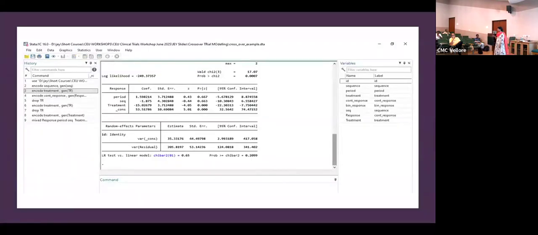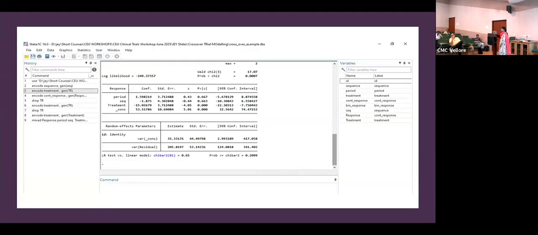The doing of it is simple, but why we are doing it? You interpret the results. Now let's say treatment A is better or B is better. That is very clear. That is significant here. Now we need to discuss whether the sequence, A then B or B then A, is different. If it is different, what does it mean? Sequential effect.